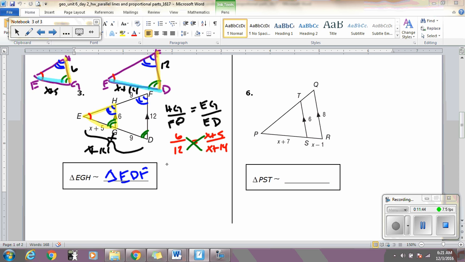I would start with 6 first. So 6 times X is 6X plus 6 times 14, I believe is, no, 72. But let's verify by getting our handy dandy calculator.